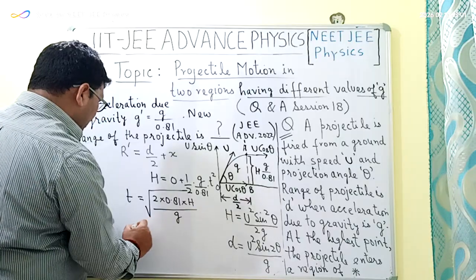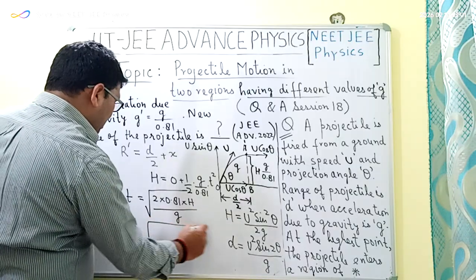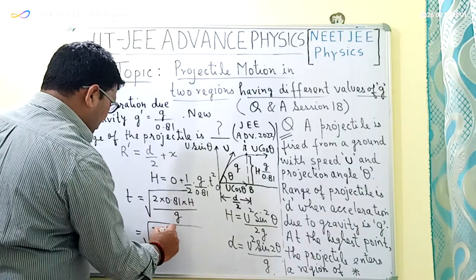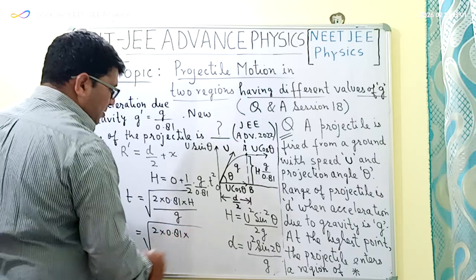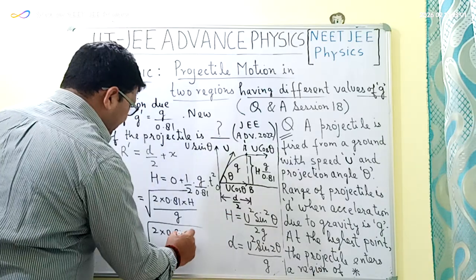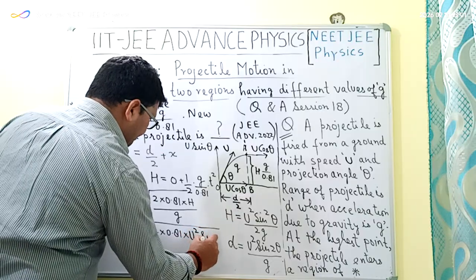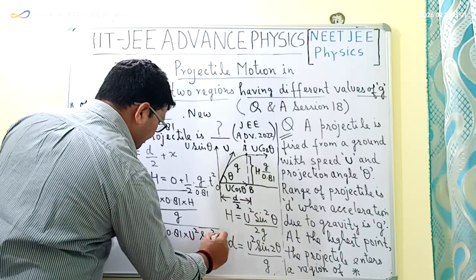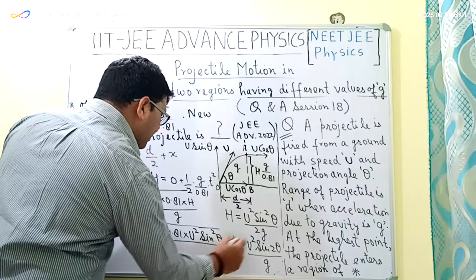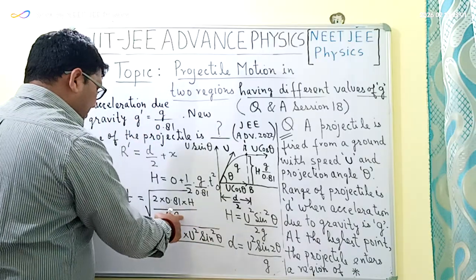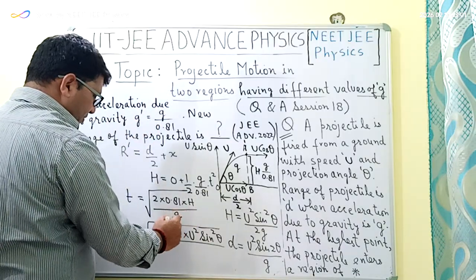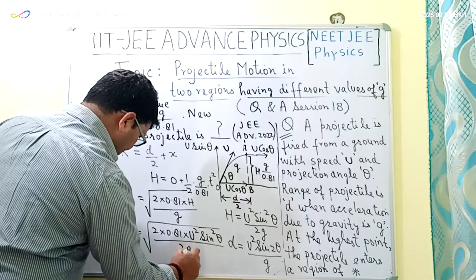Now h is equal to u square sine square theta divided by 2g, and in the denominator there is one more g, so this will be 2g square.